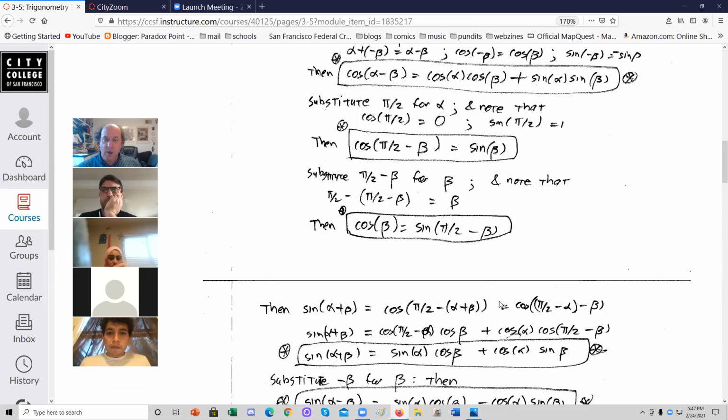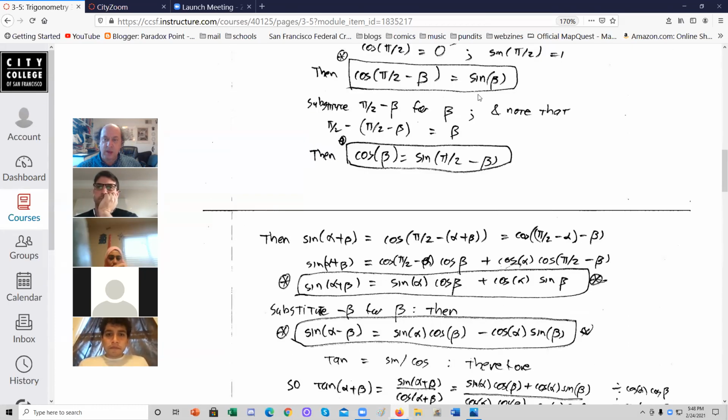Now we're going to use this complementarity rule to get a sine of a sum rule. Sine of alpha plus beta is cosine of pi halves minus alpha plus beta. And you can rewrite that as cosine of pi halves minus alpha minus beta.